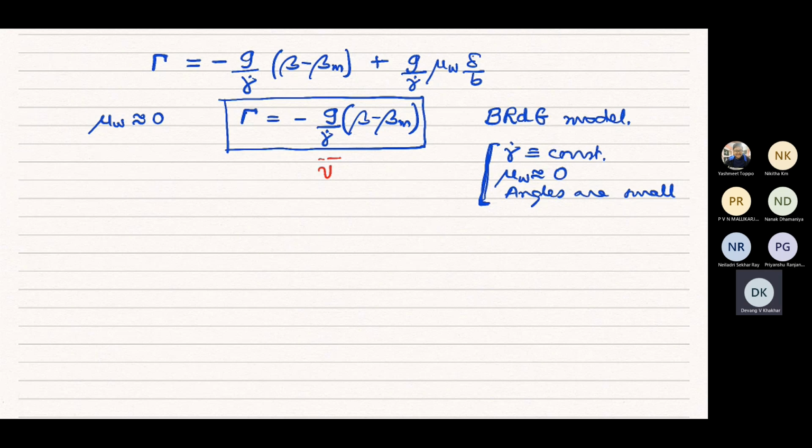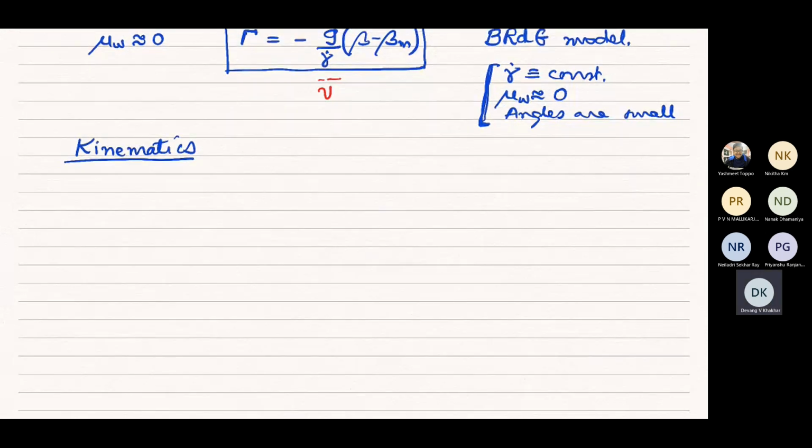So what does it mean? Kinematics means how will the shape of the heap change? So let's suppose we have this as our coordinate system. Now we'll call these two coordinates H and W, and then our layer is over here.